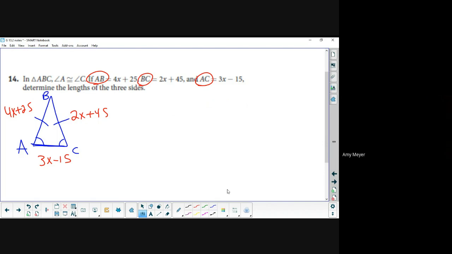Look at your 3 sides. Didn't you label this side matching this side? So wouldn't this have to match this? There you go. That one's a pretty quick one. These are equal.